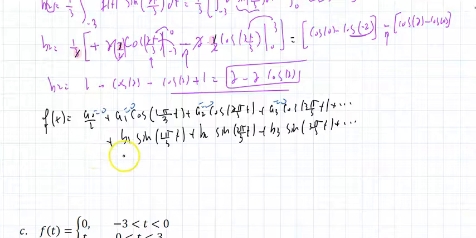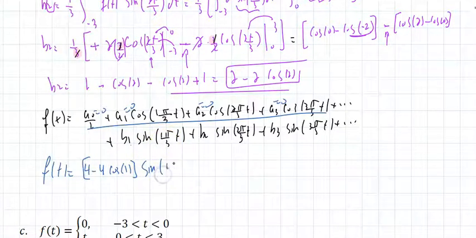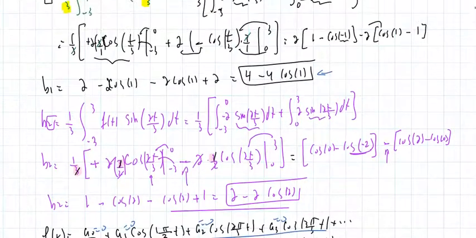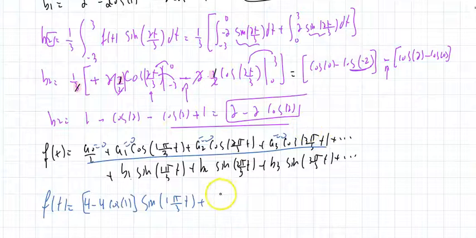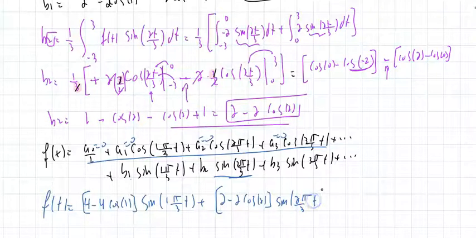So this is going to equal, those are all zeros, here we're going to get 4 minus 4 times the cosine of 1 times the sine of 1 pi over 3t. Now, I wouldn't simplify if I was you. b sub 2 is 2 minus 2 the cosine of 2 times the sine of 2 pi over 3t.